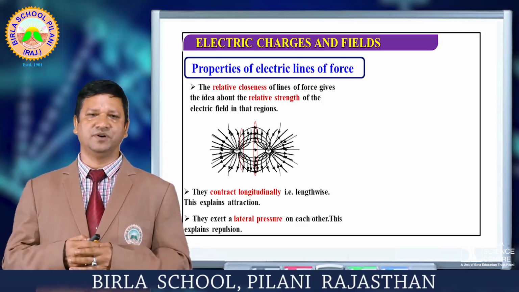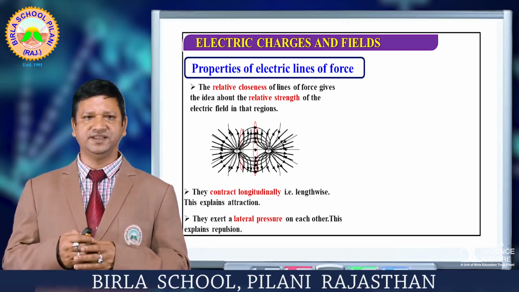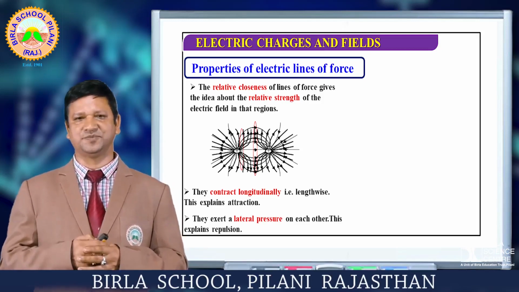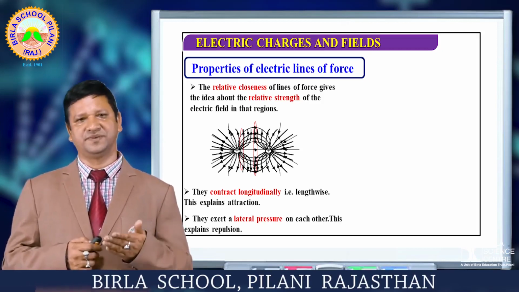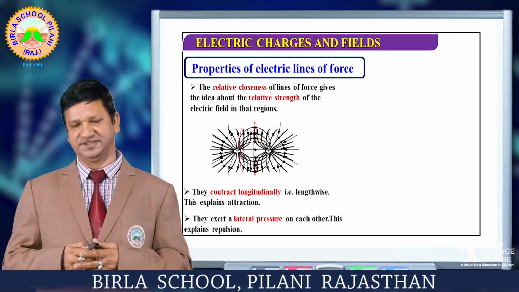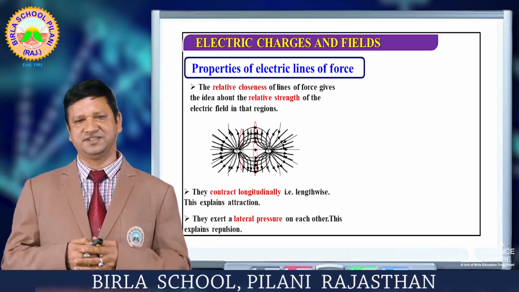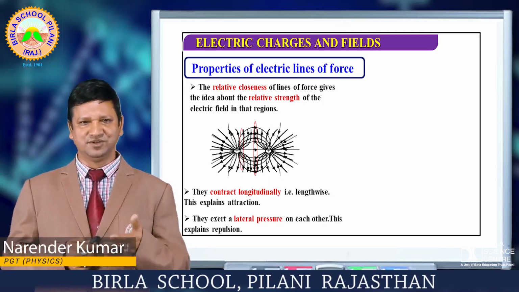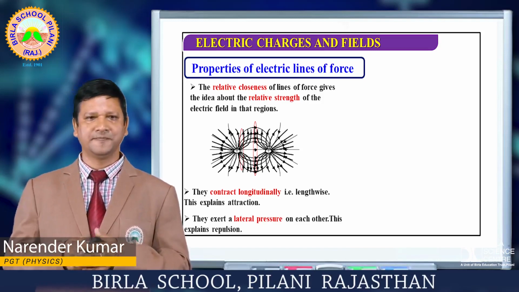These are the basic properties focused on the electric field lines. They exert a lateral pressure on each other, and this explains the concept of repulsion. So how the concept of attraction and repulsion is to be understood. Now come to the repulsion, let us discuss. Here is the charge, here is again a similar charge. We know that when two similar charges are closer to each other, between the two charges we get a force of repulsion.